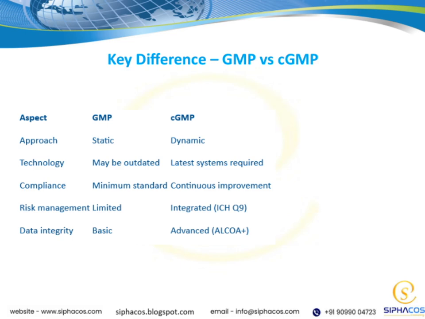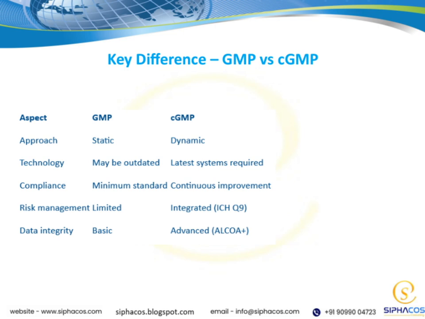On the other hand, cGMP stands for Current Good Manufacturing Practices. The key word here is current. This emphasizes that these practices are always up to date with the latest scientific and technological advancements. Companies need to continuously update and improve their manufacturing processes to stay compliant with cGMP standards.